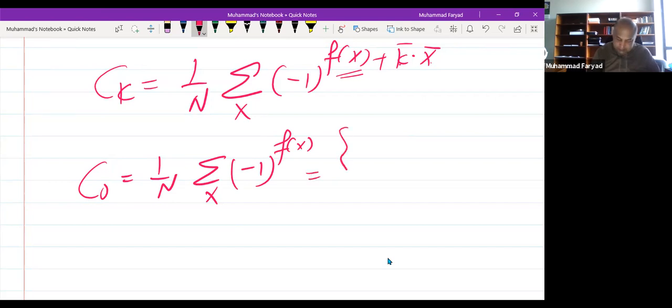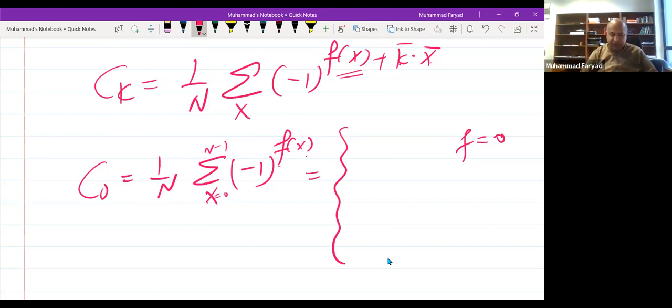And let's see what it is for different types of f of x. What if f is all 0? It's a constant function, f is 0 for all x. So what would happen? It means f of x is 0 for all x, x going from 0 to n minus 1. And if f of x is 0, what do I have? I have minus 1 raised to power 0, which is plus 1.